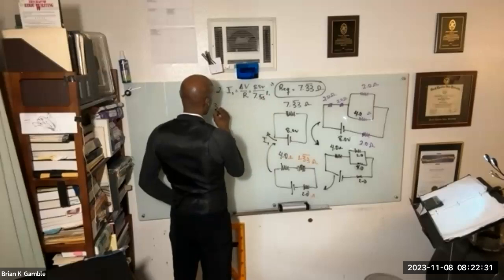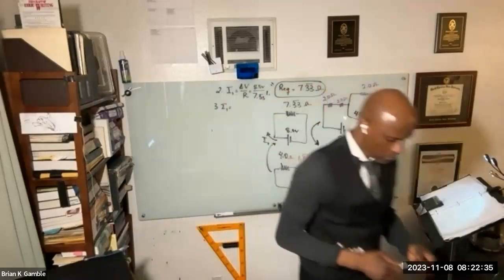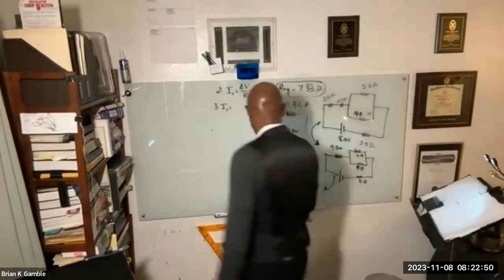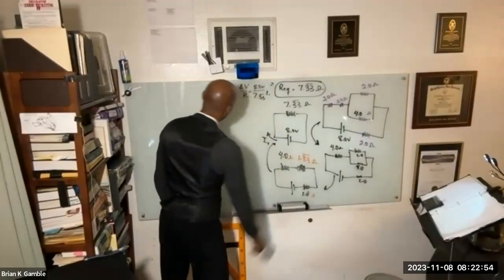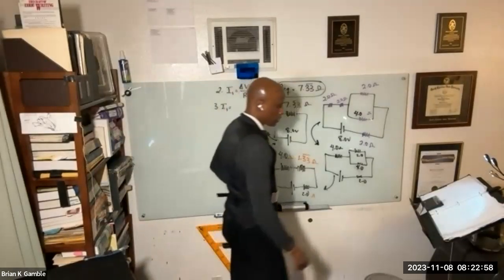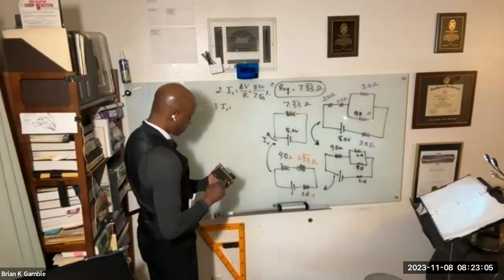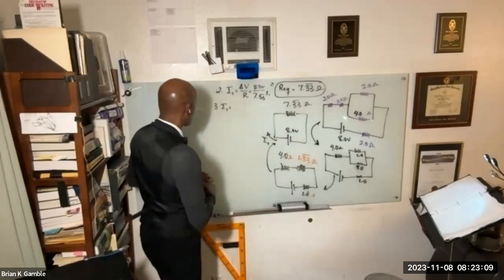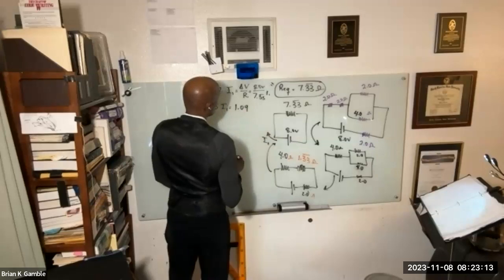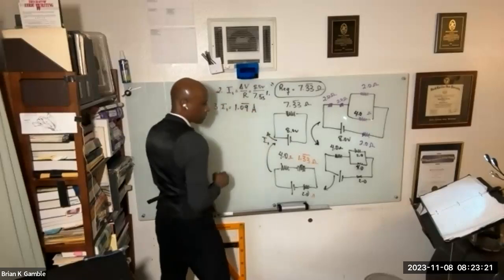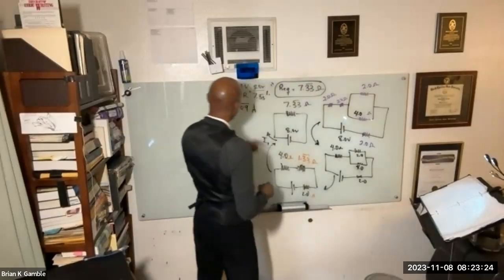So I1 is equal to 1.09 repeated. And I guess that's going to be amps. Everything else is ohms, so amps.